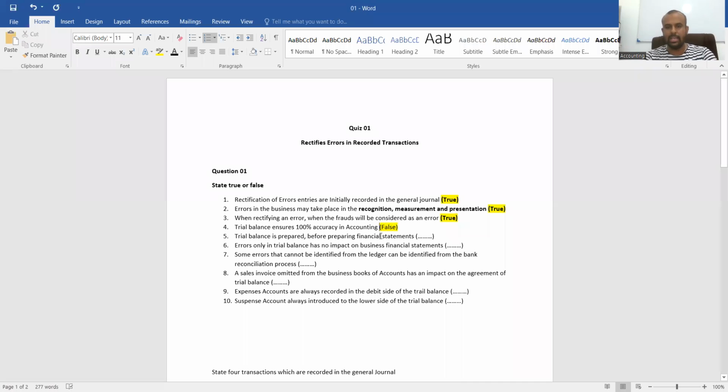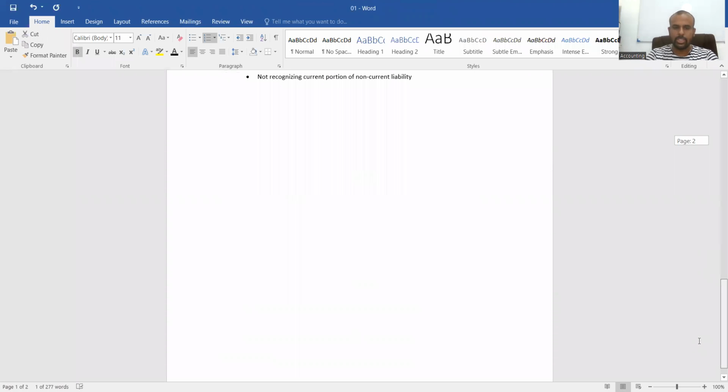Hari. Write down a small question. What are the statements to prepare to detect the errors that cannot be identified from the trial balance?